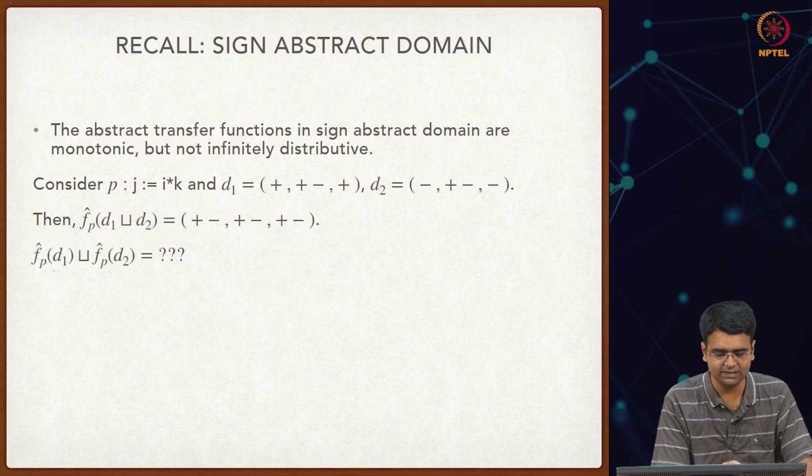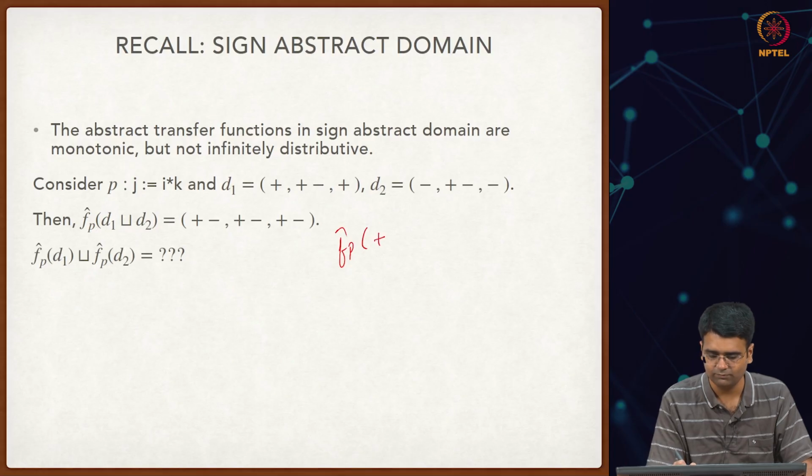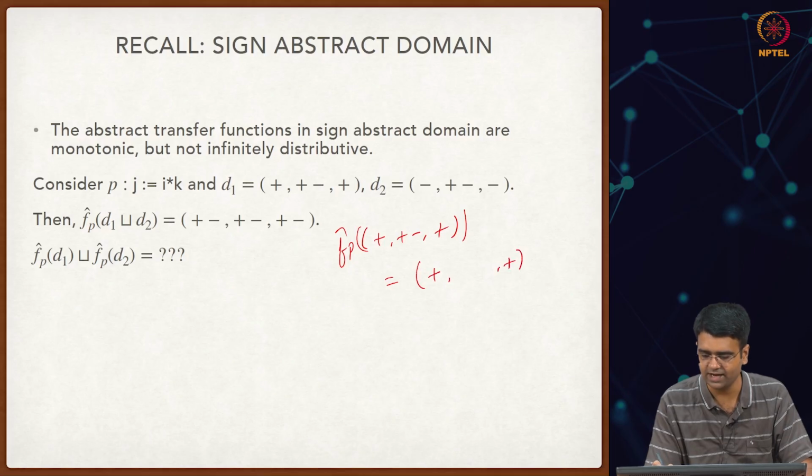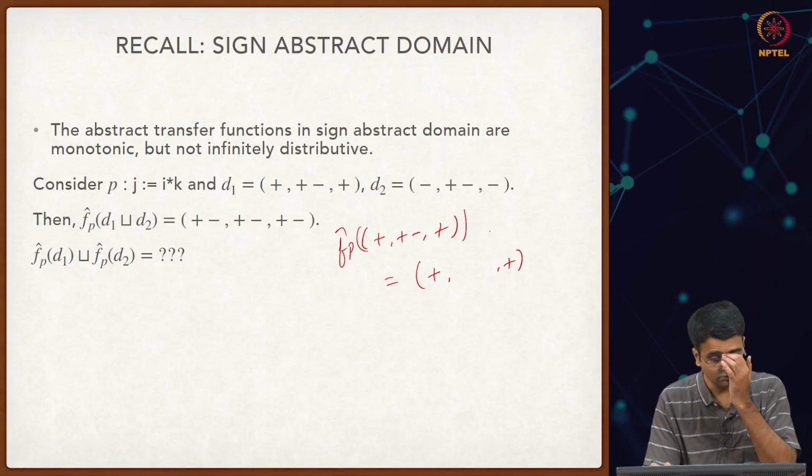But now something interesting happens. Let's try to compute f hat P of d1 joined with f hat P of d2. So in particular, what is going to be f hat P of plus, plus minus and plus? Again, this is not going to change the value of i and k, so the values of i and k will remain plus. What about the value of j?